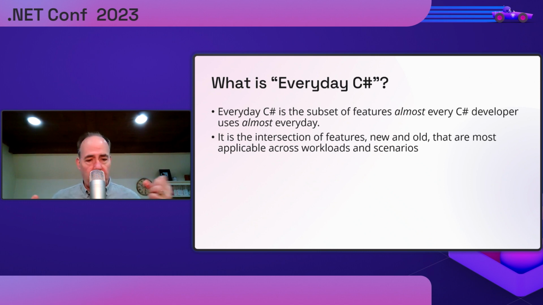These are the things that you're going to grab every day for any kind of algorithms you're writing, no matter what workloads you're using, whether it's cloud native, a console app, that WinForms app you're supporting, WPF, web forms, MVC, whatever. These are the things that you're going to use all the time. And it's this intersection of new and old things, and they're applicable everywhere.